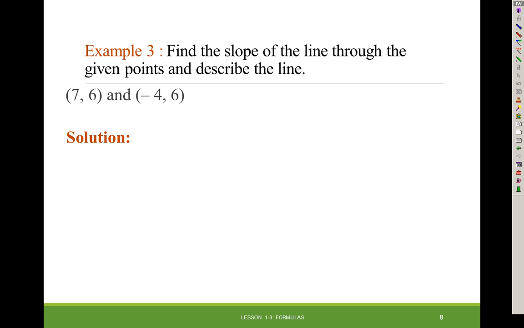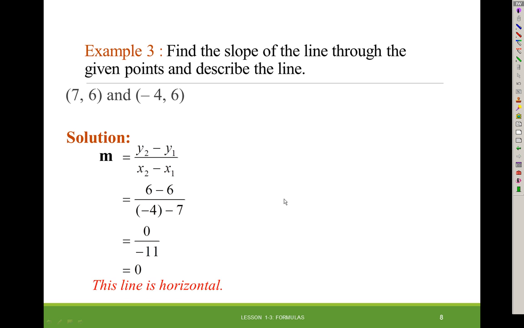Couple more here. From 7, 6 and -4, 6. y2 minus y1 over x2 minus x1. You get 6 minus 6 over -4 minus 7, which is 0 over -11, which is 0. 0 divided by a number is 0.